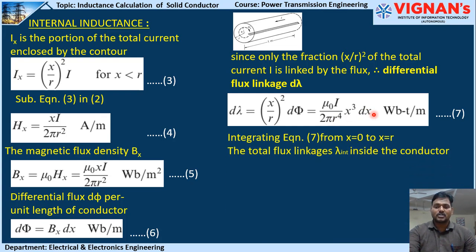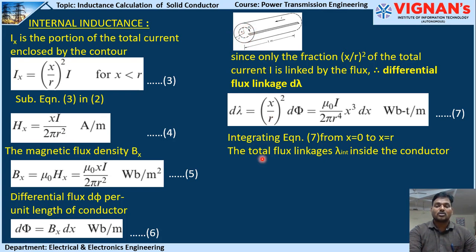Now integrate equation 7 from x is equal to 0 to x is equal to r. X is equal to 0 is the origin, that is the center of this conductor. X is equal to r is the radius of this conductor, that is the surface of the conductor. So if you integrate from 0 to the surface of the conductor, you will get the total flux linkage inside this entire conductor.